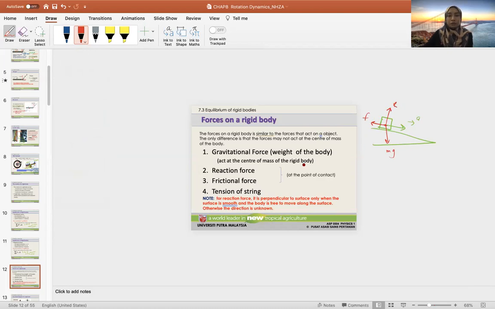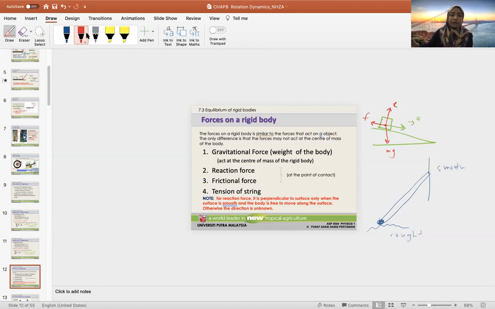But for untuk rotational body, untuk benda yang rigid body ni, let's say I have a ladder, okay, and this surface of the ground is rough, this surface of the wall is smooth, and the axis of rotation is over here.